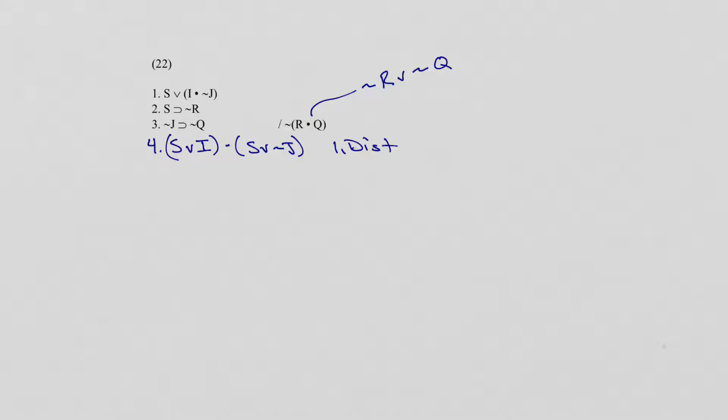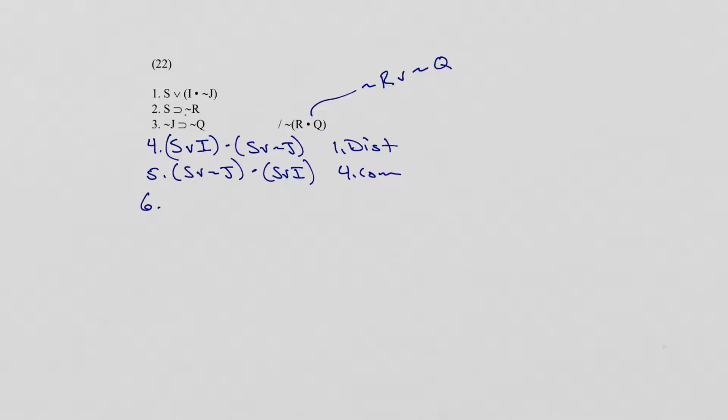Okay, so now we have S or I dot S or not J. So let's flip this around so we can get this one over here. That way if we want to simplify, we can. And I'm noticing, so we have an R, not R or not Q is what we need.